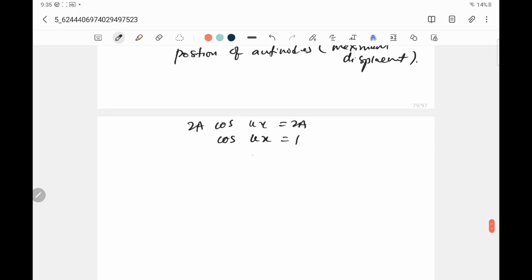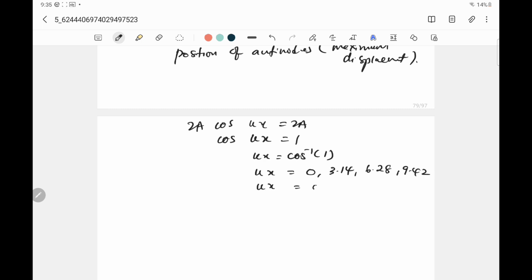So kx equal to shift cos 1. So kx equal to 0, and then 0 plus pi, you have 3.14, 6.28, and then 9.42.